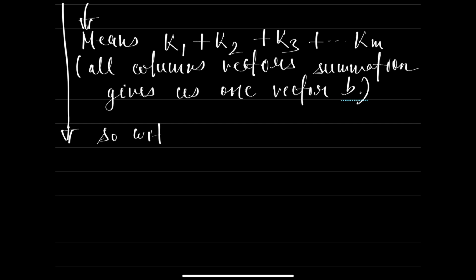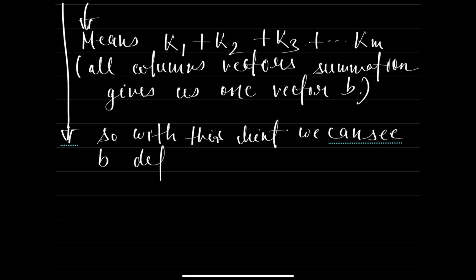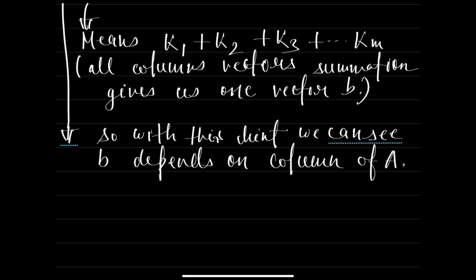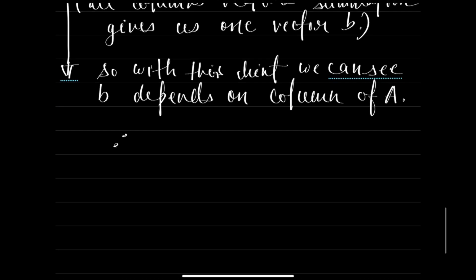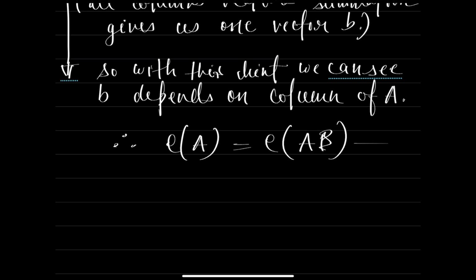So with this hint we can see b depends on the columns of A. Therefore we can write that rank of A should be equal to rank of augmented matrix AB.